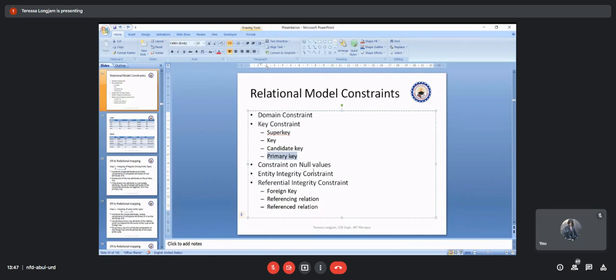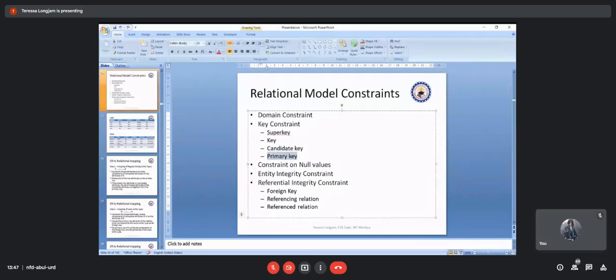The constraint on null values means that for a particular attribute, we can define whether null values are applicable or not. Those constraints on null values can also be defined in the relational database. Another constraint is the entity integrity constraint.